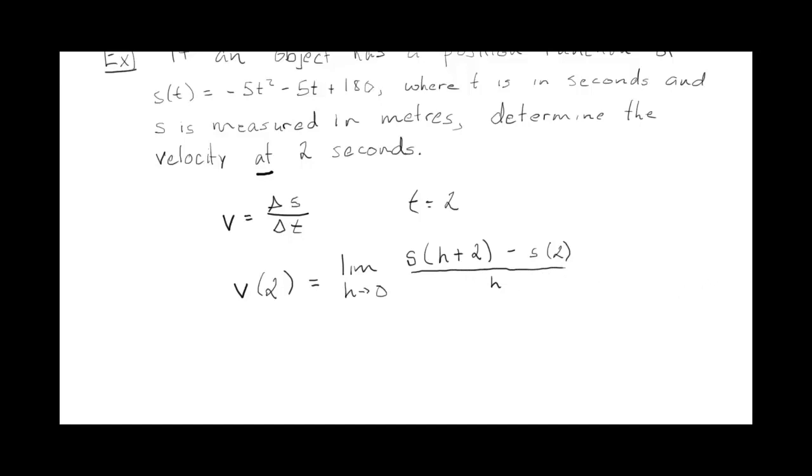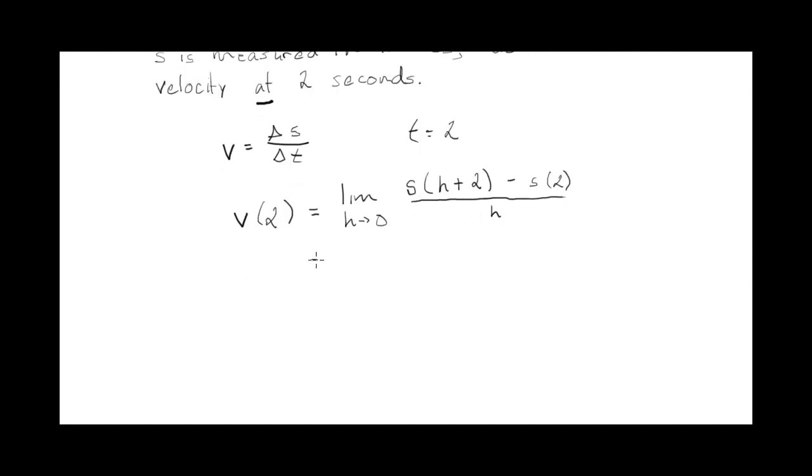h. Okay, so now we're going to plug this into the formula and evaluate the limit. So s at h plus 2, so that's going to be negative 5 times h plus 2 squared, minus 5 times h plus 2 plus 180, minus s at 2.